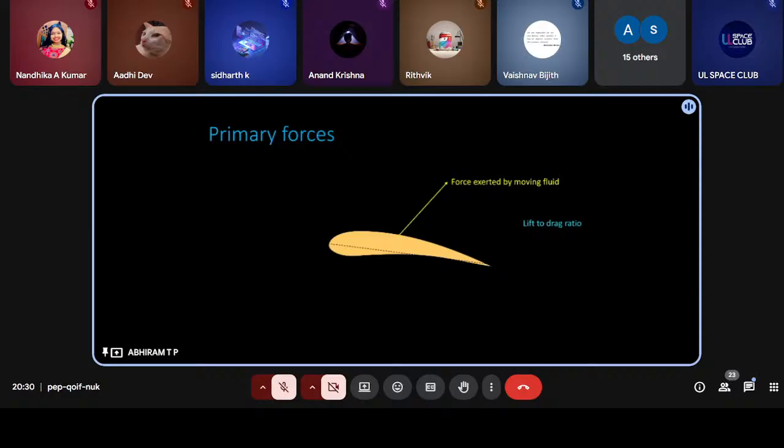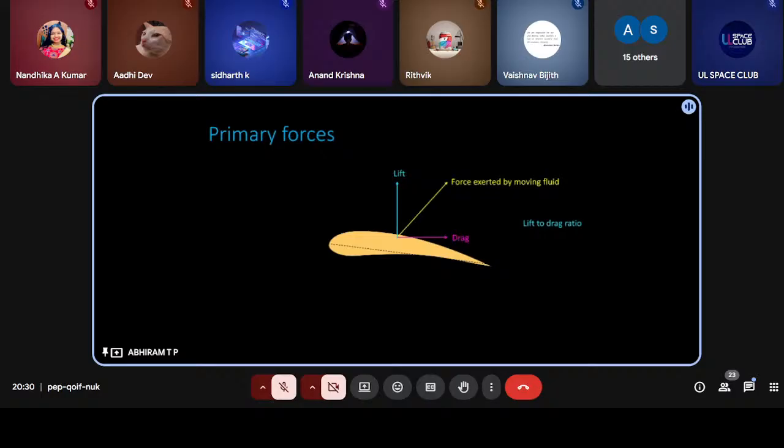So we can resolve this inclined component of force exerted by the moving fluid into two, a vertical component and a horizontal component. The vertical component of this force is called lift, which tries to move the body upwards. And the horizontal component is called drag, which resists the motion of the body through the fluid layers.